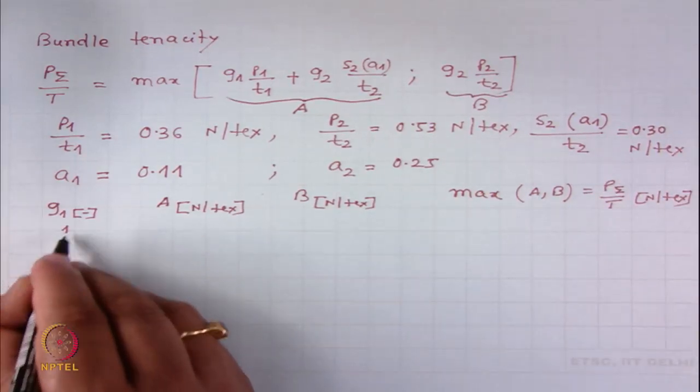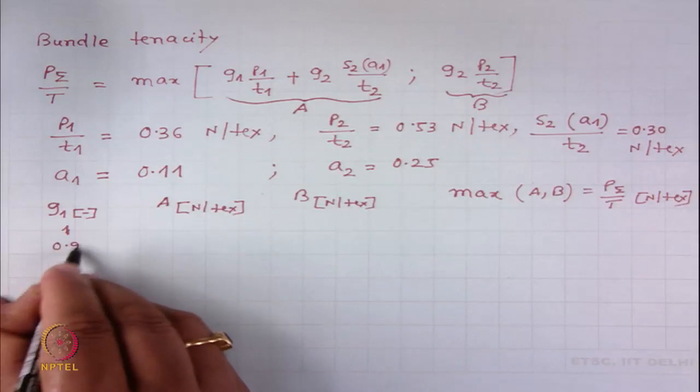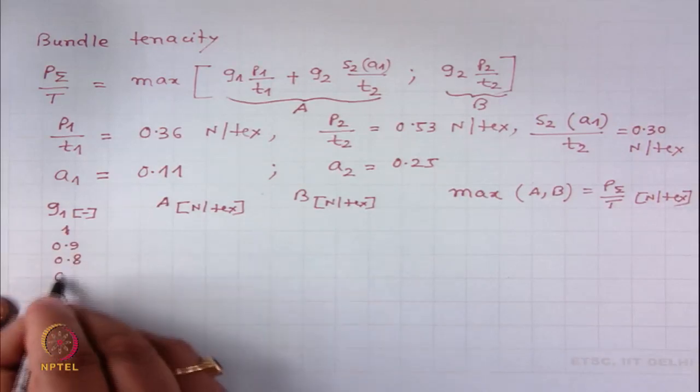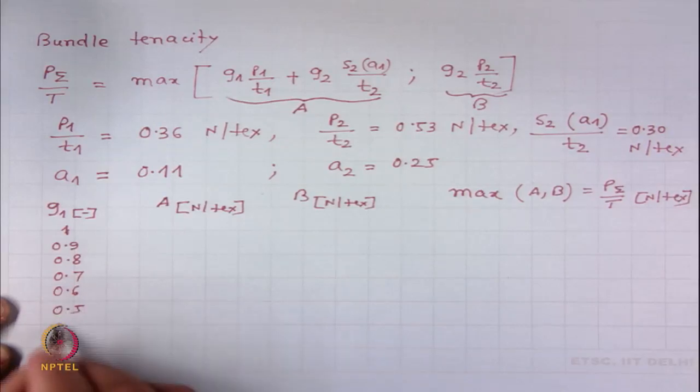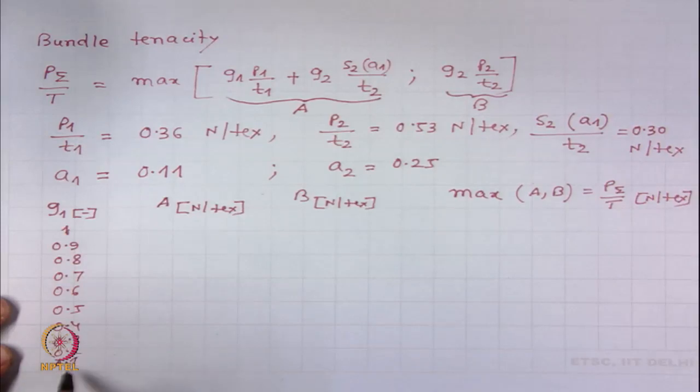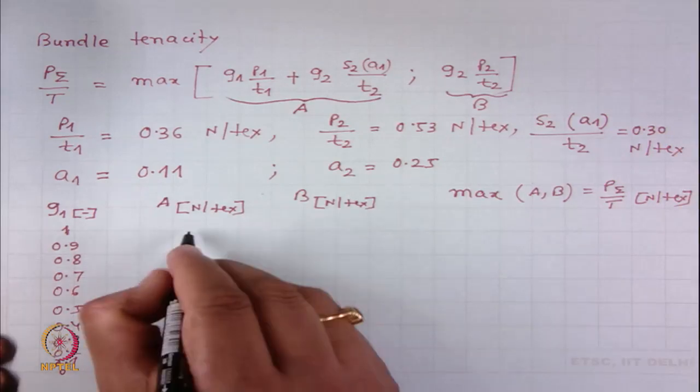So, 1, 0.9, 0.8, 0.7, 0.6, 0.5, 0.4, 0.3, 0.2, 0.1, 0.